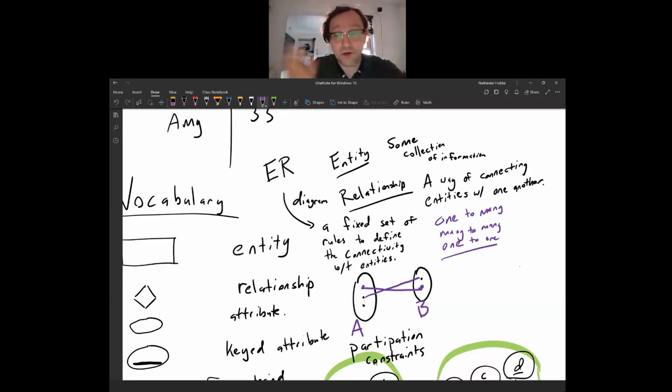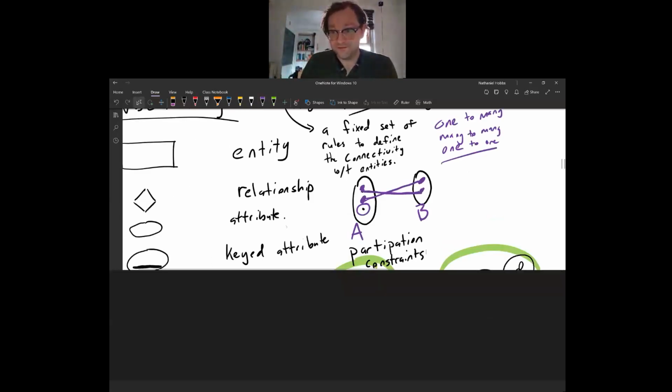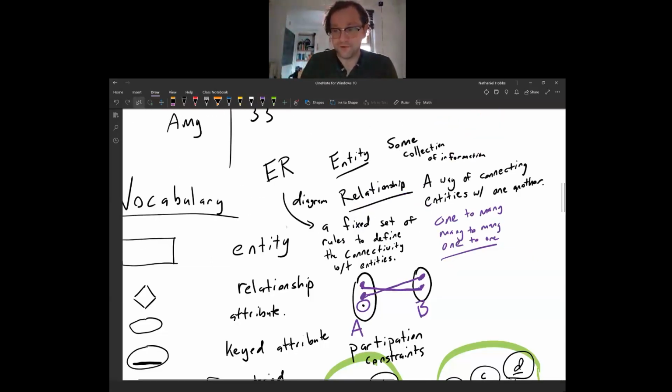For example, with these two sets, there's no way for them to have a one-to-one relationship, because if we want this element in A to connect to one in B and another one to connect to another one in B, we have one left over, as Nicole very correctly pointed out.